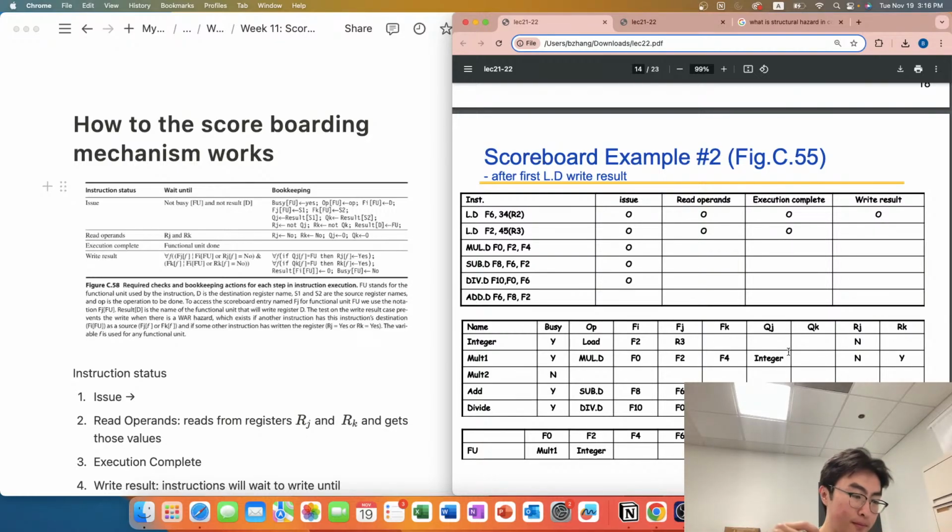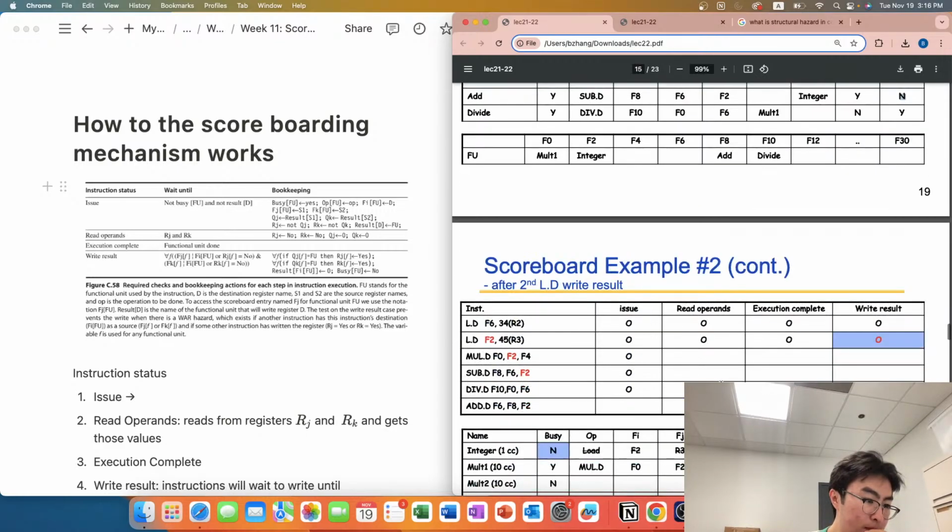So this shows the dependency. Okay, so right now it's in the execution complete phase. So this will go to the write result phase. And then I think then each of these will have access to it. So RJ will be ready, and then RK will be ready.